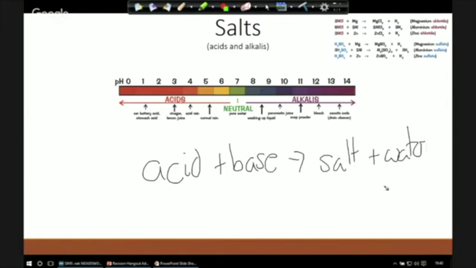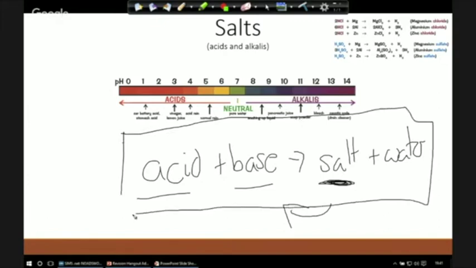Of course, the salt that is formed will completely depend on the acid and the base that is used. And so we'll look at some equations in a minute or two, but that's our first key one to remember. Acid and base go to salt plus water.